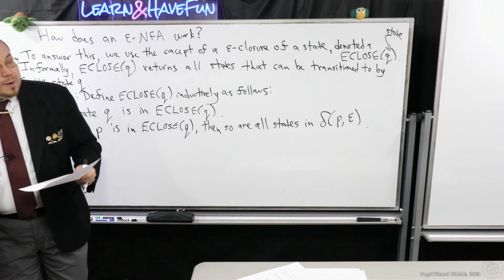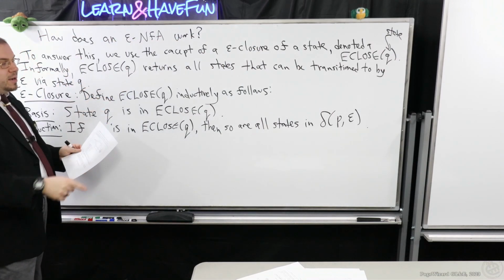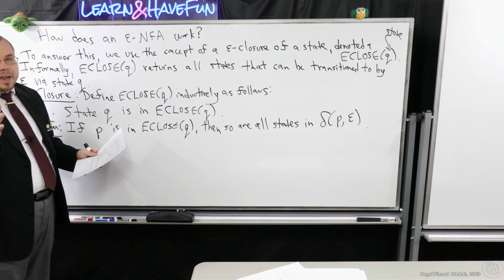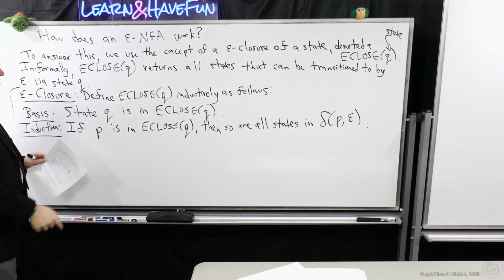It means that when you transition on epsilon, any of the states that you get as a result of that also have to be in eClose.